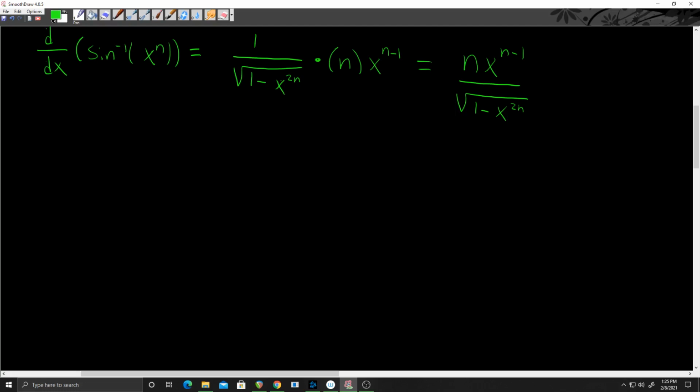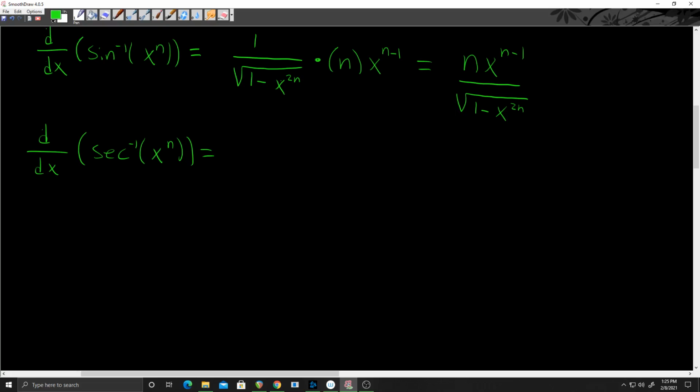Okay. Let's write down a couple more of these. Let's write down the derivative of the inverse secant of x to any power. So inverse secant, it's going to be very similar but not the same.